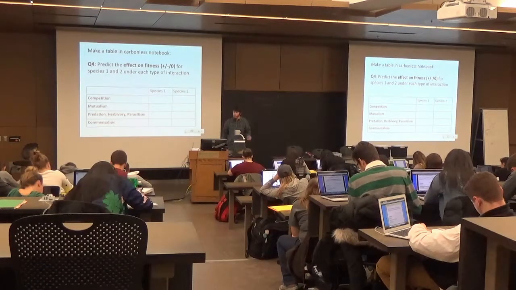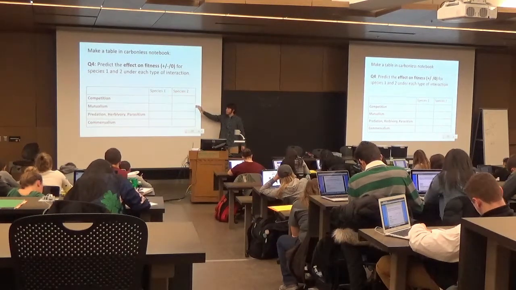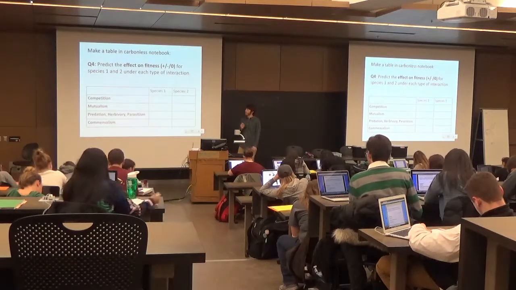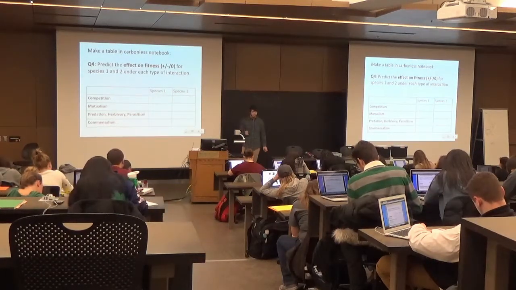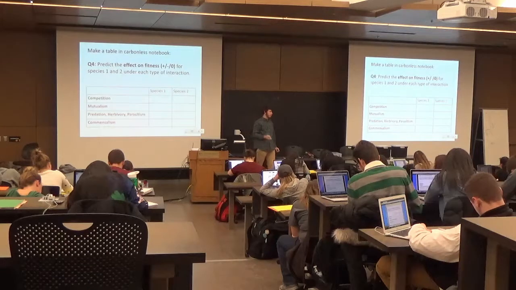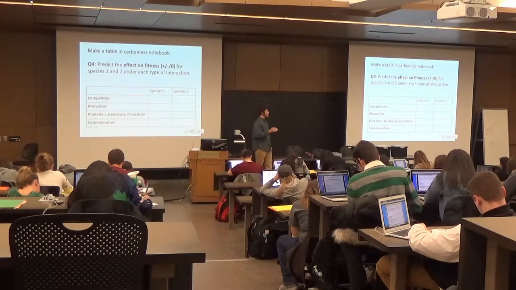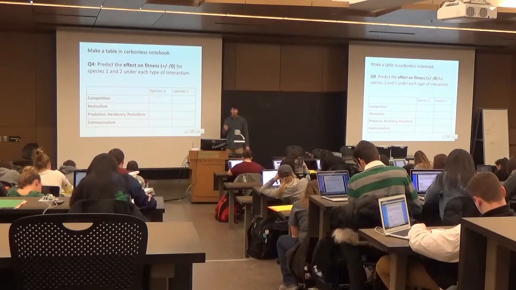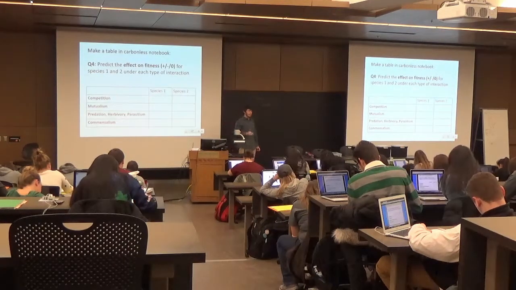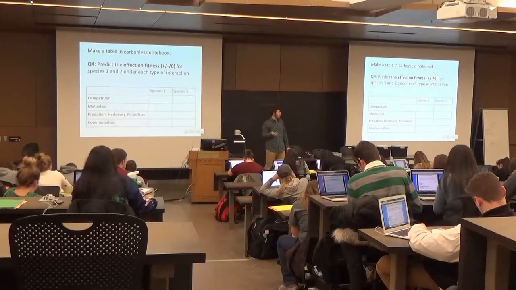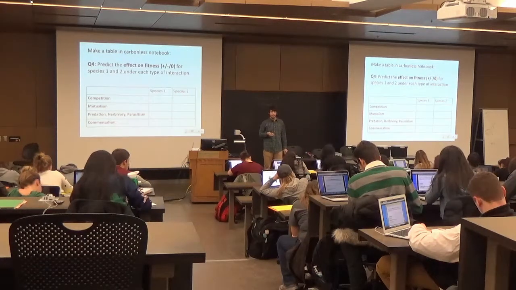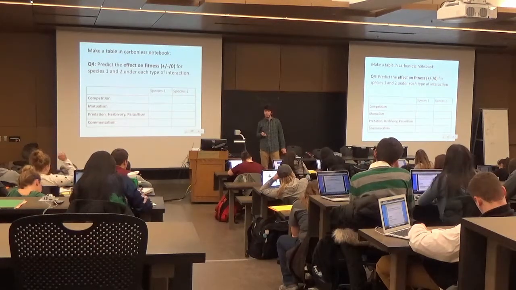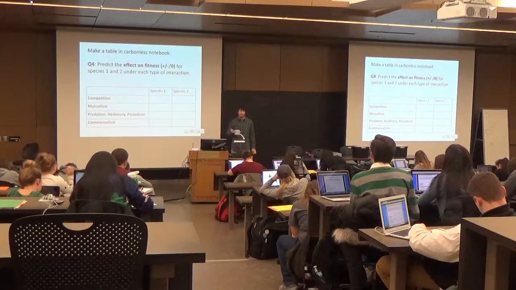Okay? And what I'm asking you to do in these cells of this table that you just created, I want you to predict the effect on fitness for each species under whatever ecological interaction I'm talking about. And remember, fitness, does anybody want to define fitness for me? Not going to the gym twice a week?